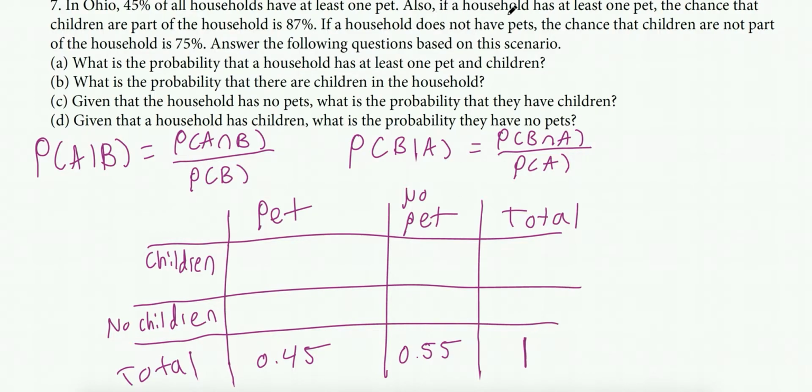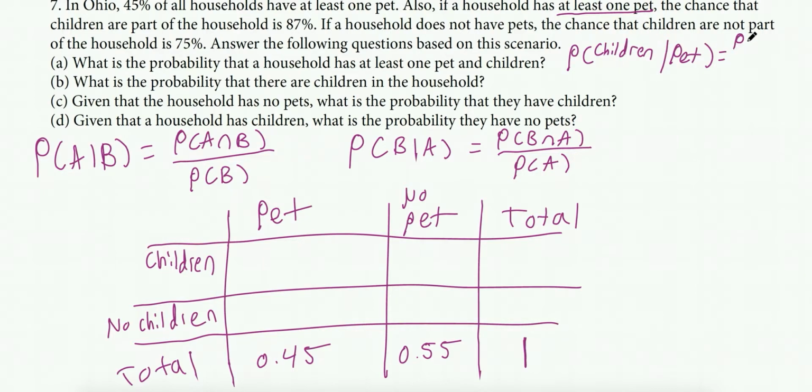So let's keep reading. Also, if a household has at least one pet, so there's our given, at least one pet. So that's going to come after this line. So that could be event B if you want to say. The chance that children are part of the household is 87%. So the probability of having children in the household, given, once again coming after that line, having at least one pet, so I'll just write pet, equals the probability of children and pet.